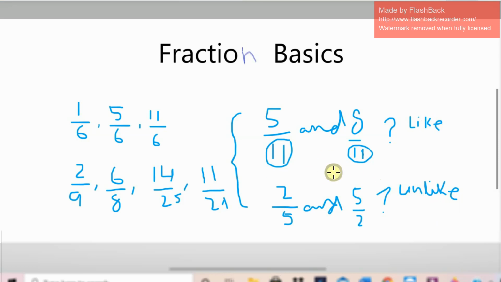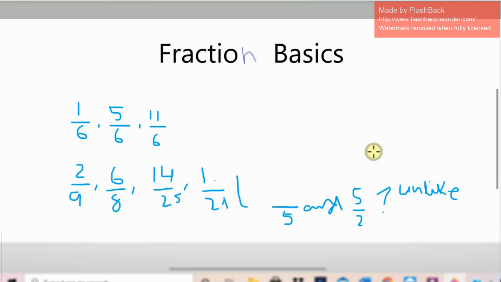Further, we should also know how to convert unlike fractions, meaning fractions with different denominators, into similar fractions. We'll go through some examples. Let's have a look.